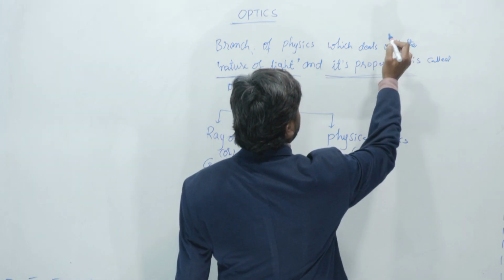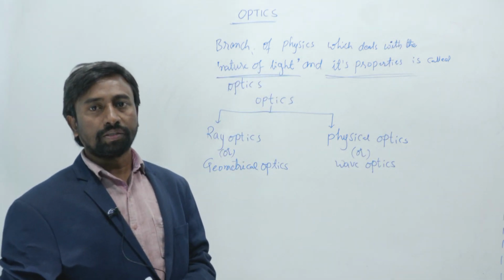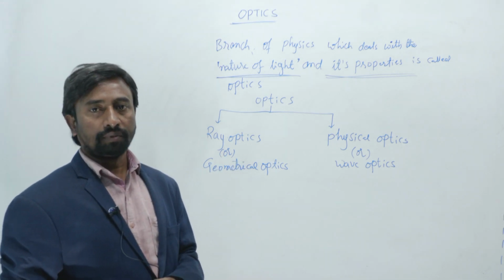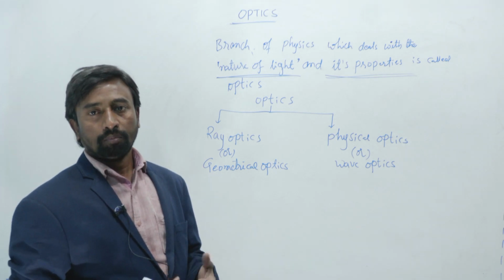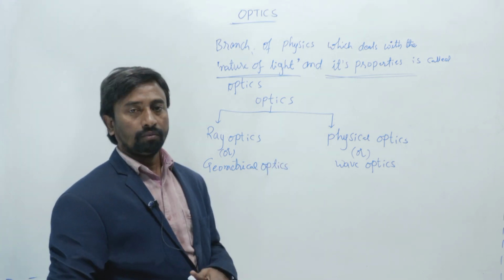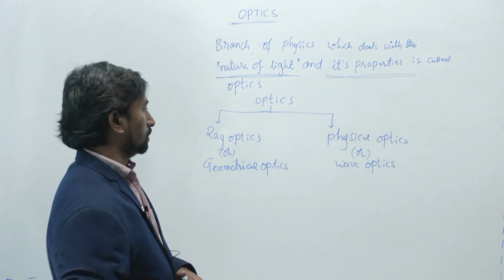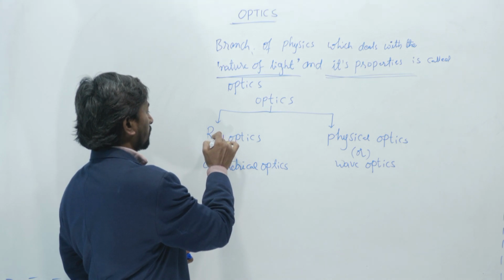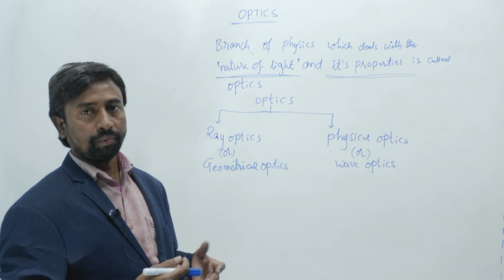While we are studying the nature of light, we see two natures of light: the particle nature and the wave nature.